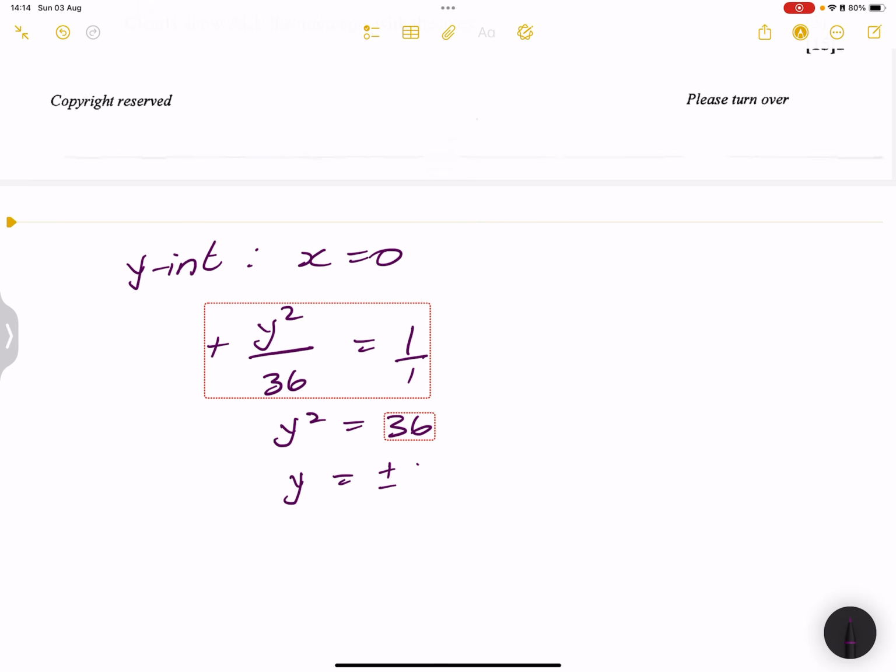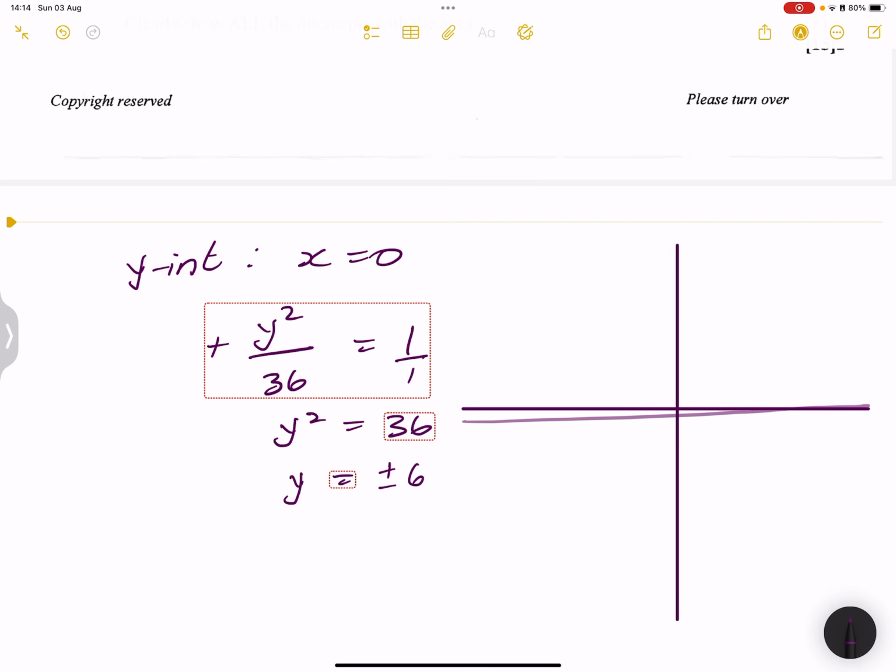So firstly, I don't have the grid. I would have been able to draw it quite nicely. So which means on our y-intercept we've got 6 and -6.